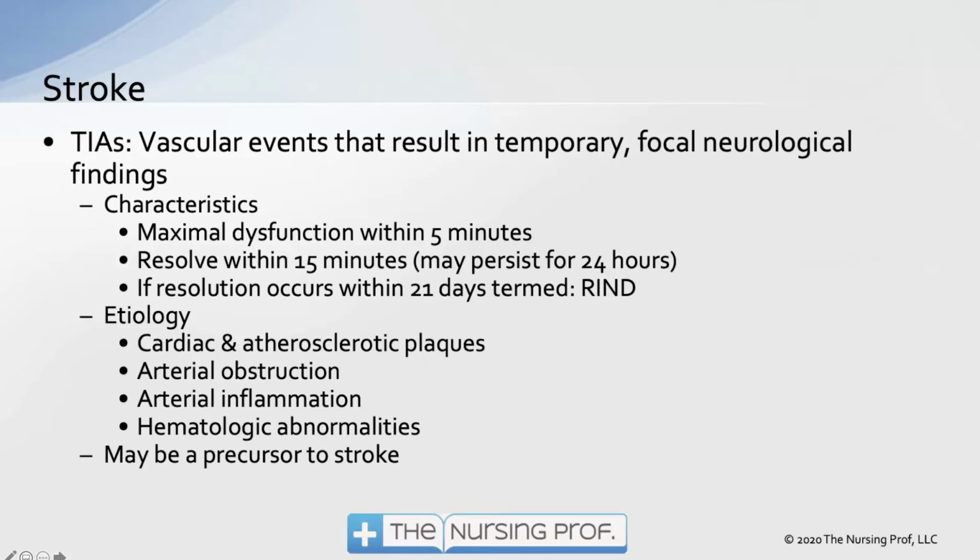For years, we were always taught TIAs resolve because that area gets reperfused. So it's ischemic, the blood vessel kind of opens up again. It was just kind of in a little spasm, and it wakes up again and opens up, and now we have good blood flow and everything's great, right?